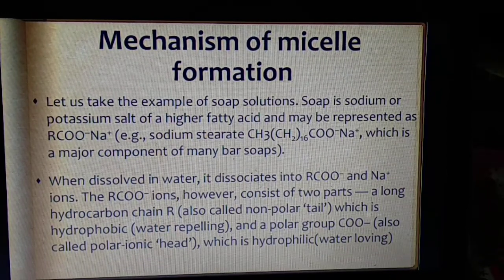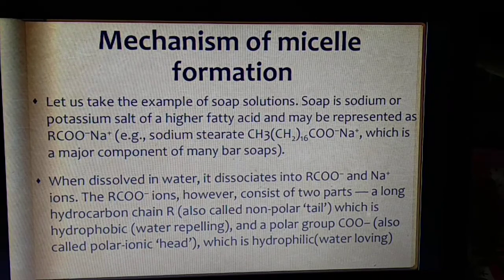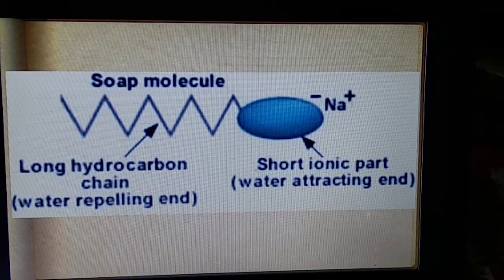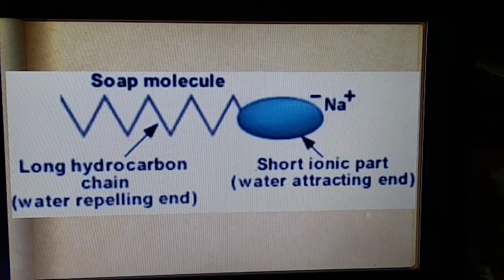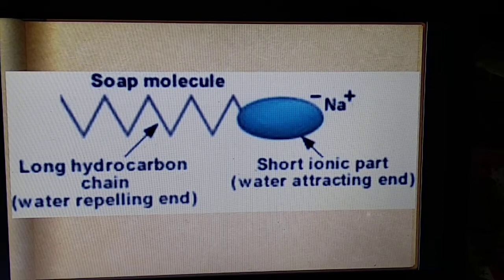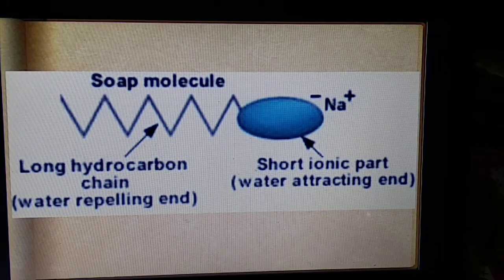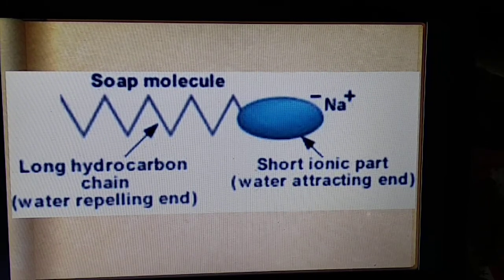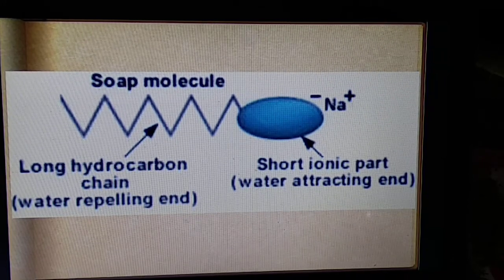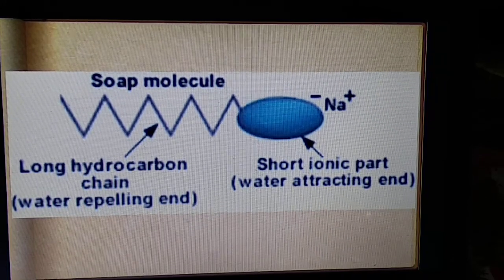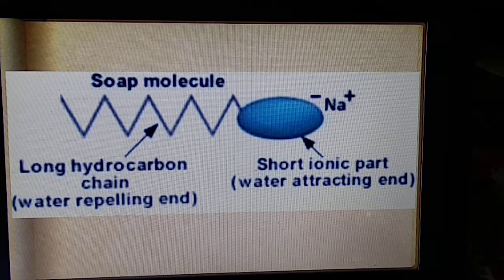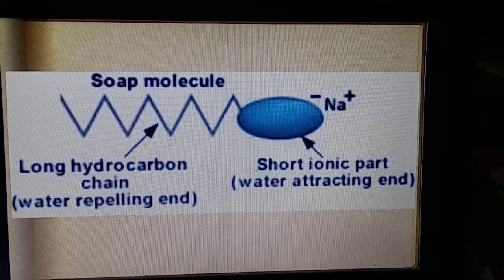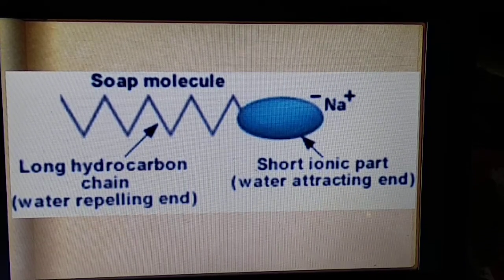The other is the head, that is COO⁻, the hydrophilic part, which is water loving. Here you can see soap molecules as Na⁺ and RCOO⁻: a long hydrocarbon part, which is water repelling, and a short ionic part, which is water attracting. This is a soap molecule, my dear children.